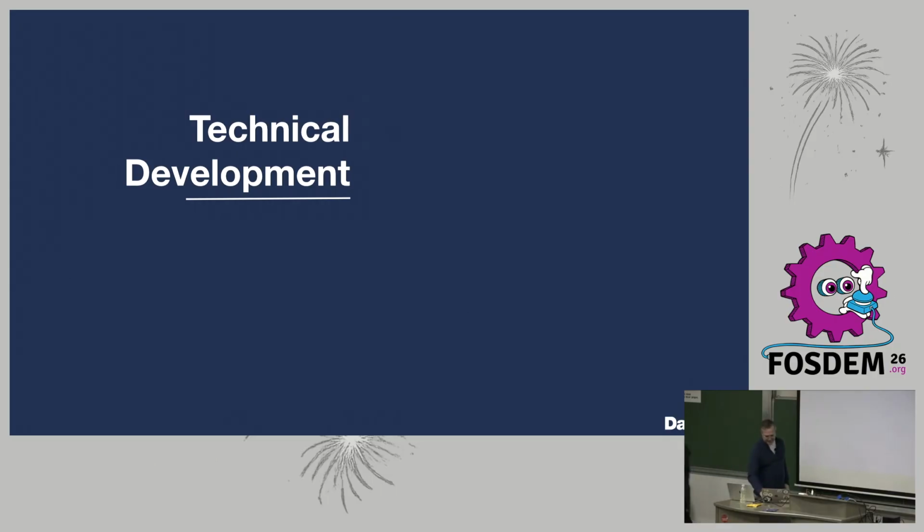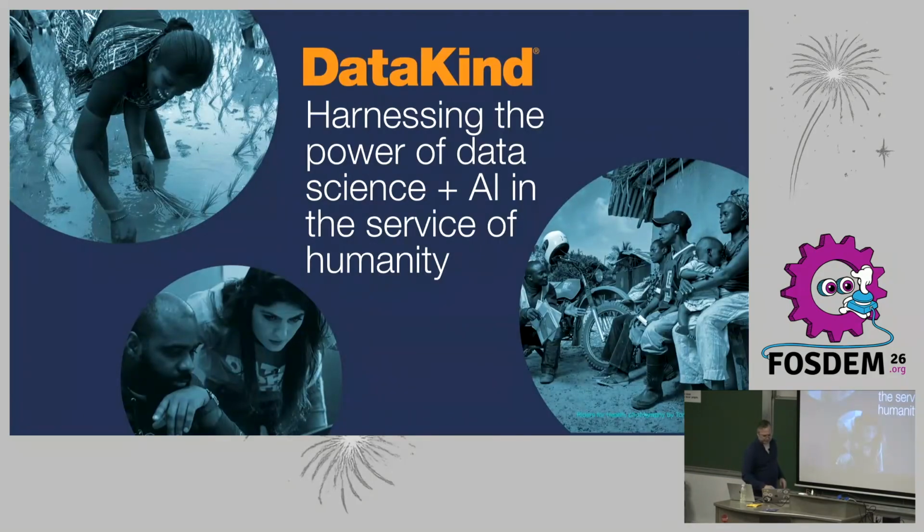All right, so the technical development of Colandr. DataKind is a nonprofit organization, and we're trying to close the gap between the access that non-social impact organizations have and use every day, and social impact organizations use every day.